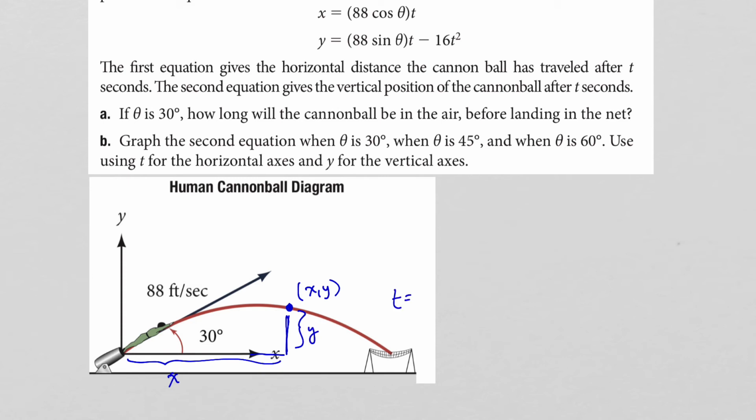And t is time, right? So as the person is fired into the air, time is ticking by in seconds. If I want to know the horizontal distance the person has traveled at any given time, I can use this equation, and you'll see that t stands for time and is in that equation there. If I want to know the vertical height that the person is at any particular time, I can use the second equation.